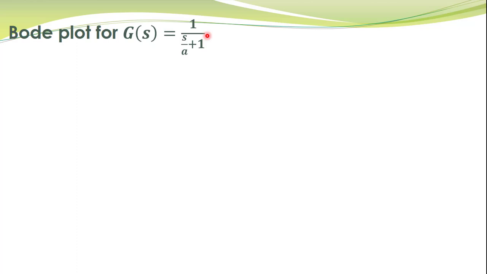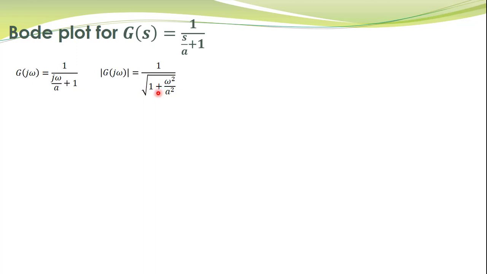So we have this transfer function, and the frequency response is given by this expression, simply by substituting s equal to j omega. The magnitude is the magnitude of the complex number in the numerator divided by the magnitude of the complex number in the denominator.